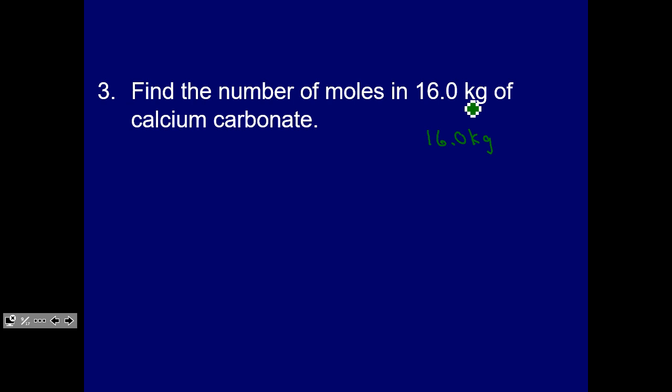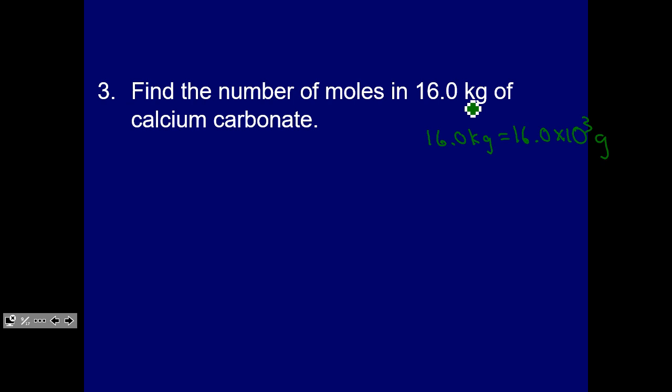Giga, mega, kilo, centi, milli, micro, nano. And you can see that kilo stands for times 10 to the 3. The easiest way to fix this is to simply write this as 16 times 10 to the 3 grams, because we need the unit to be in grams.